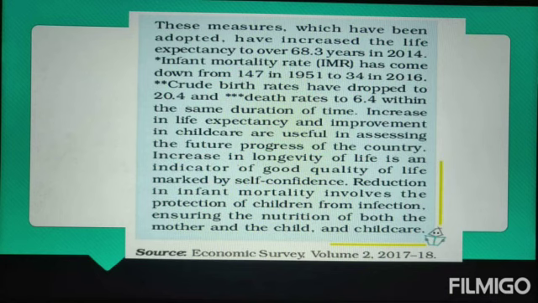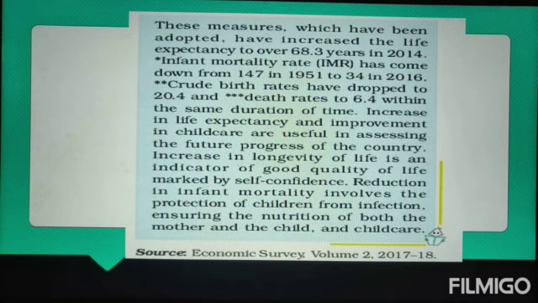Number 1, life expectancy has increased to over 68.3 years in 2014. Life expectancy refers to the average period that a person may expect to live. This shows improvement in healthcare facilities. Number 2, IMR has come down from 147 in 1951 to 34 in 2016.